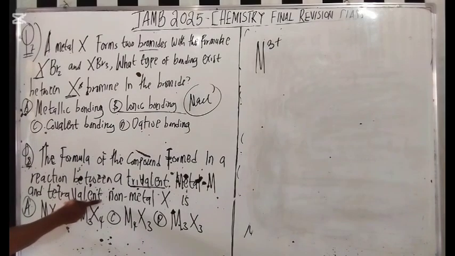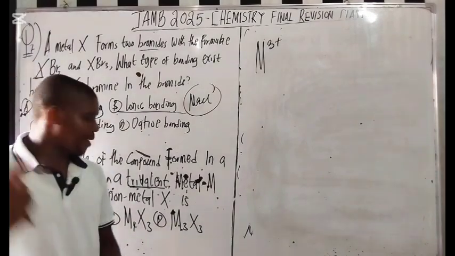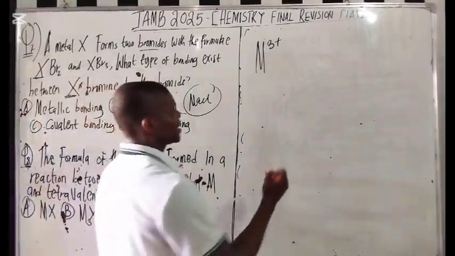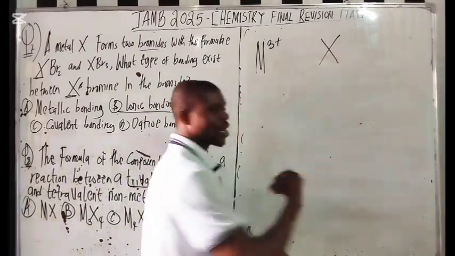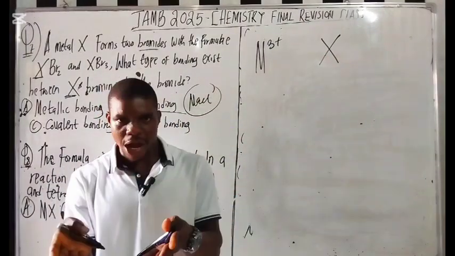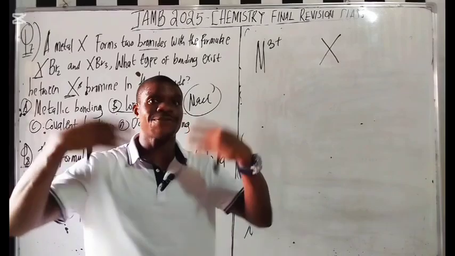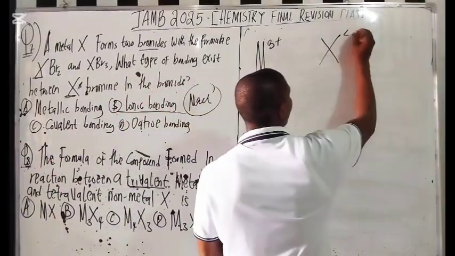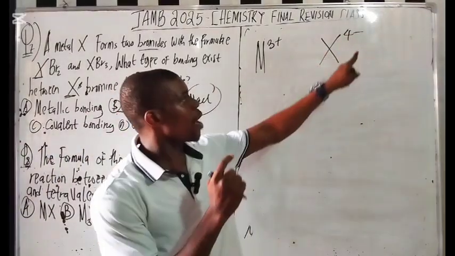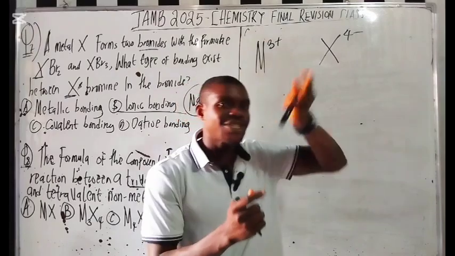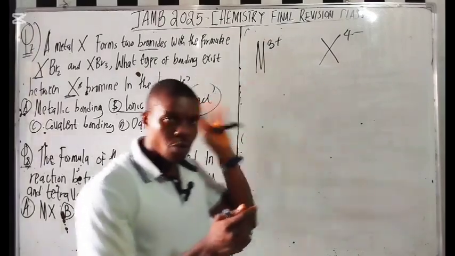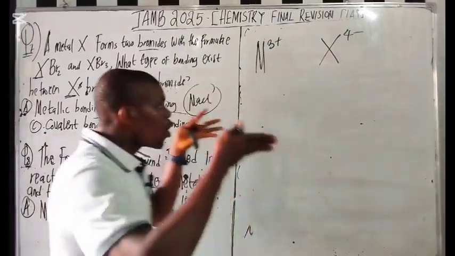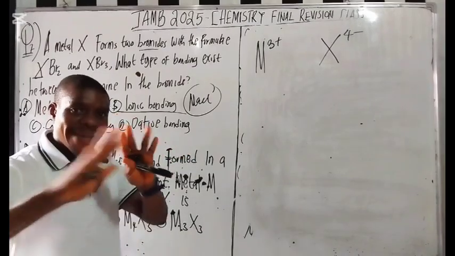And a tetravalent non-metal, which is X. So X is a non-metal and it's tetravalent. When you talk about tetra, what should come to your mind is 4. So we have 4 minus. The main reason I put minus there is because they say tetravalent non-metal. So how do you form the compound here? It's very easy.